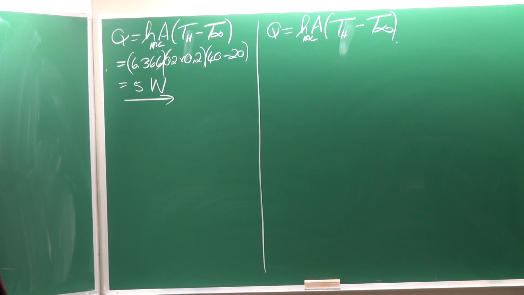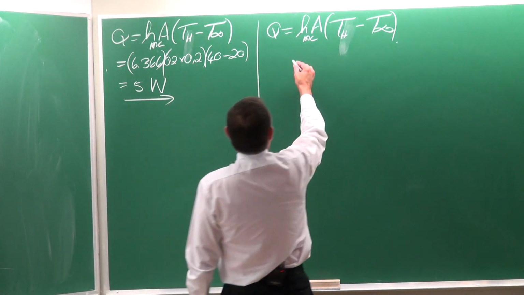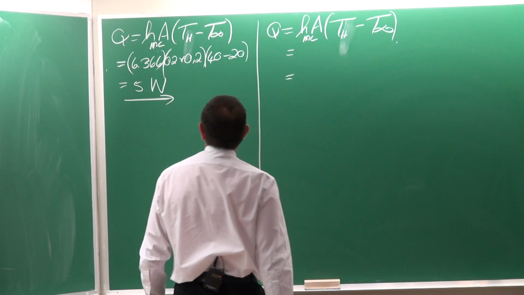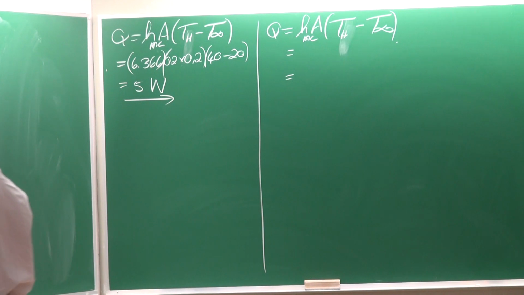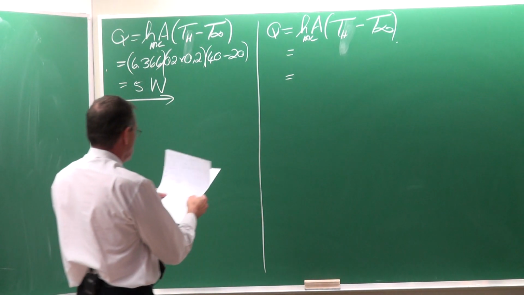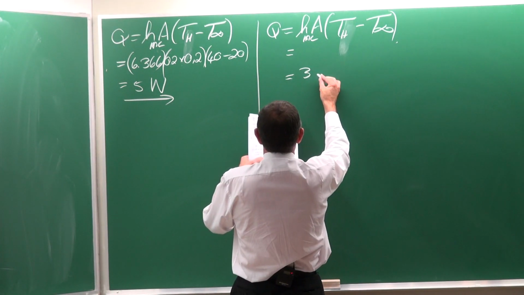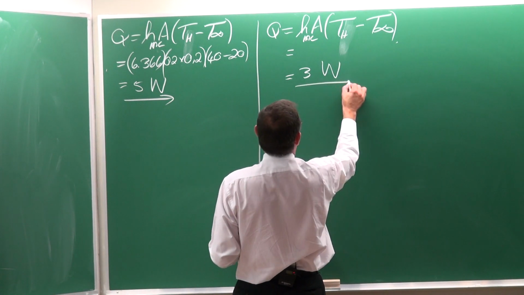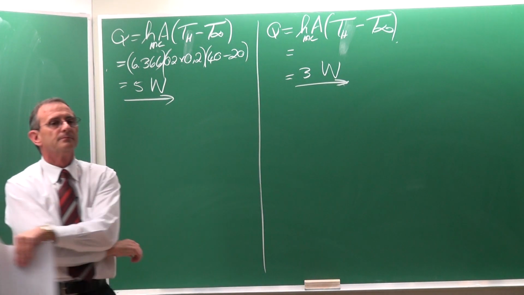Approximately 5 watts. And you can do the same calculation, or just look at the ratio of the two heat transfer coefficients, and then you can calculate the heat transfer rate on this side as 3 watts. Very small, but there they are.